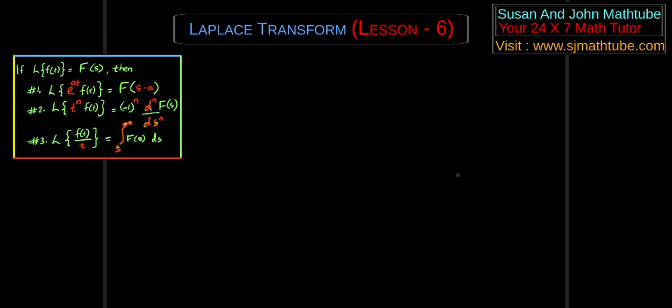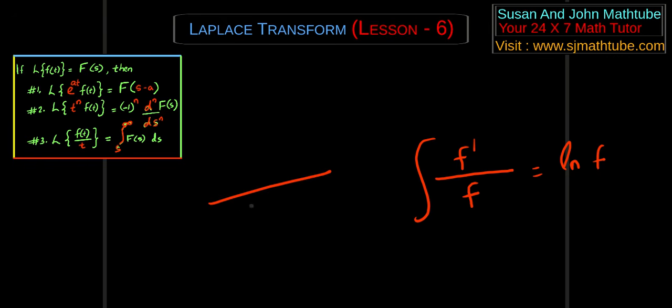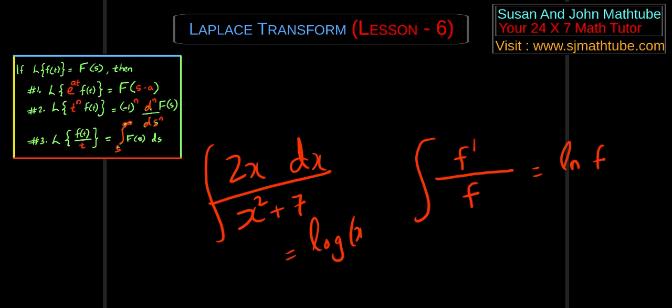You have to understand one thing. Suppose the derivative of the denominator is in the numerator, then the integral will be ln f, or you can write log f, that's quite okay. So if you have something like x square plus 7, and the numerator is 2x, and you perform this integration, it will be log of (x square plus 7).